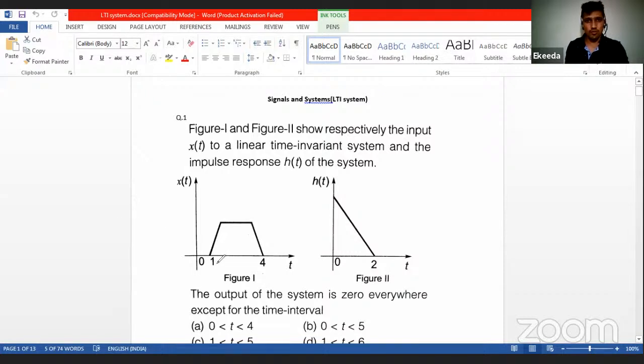This is x(t) from 1 to 4 and s(t) is from 0 to 2.